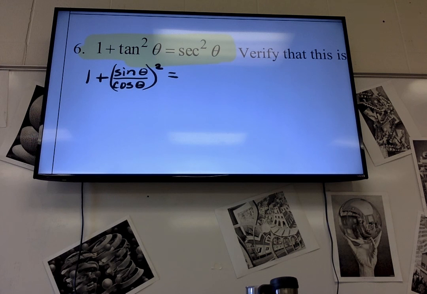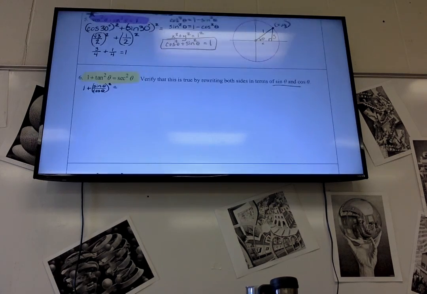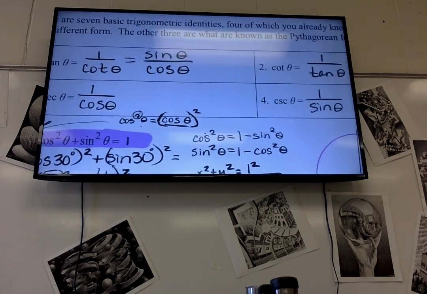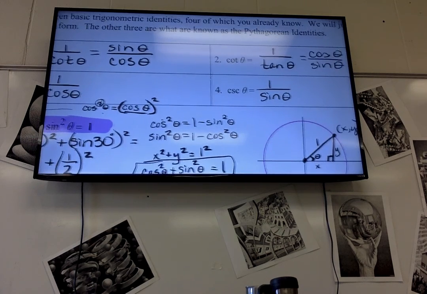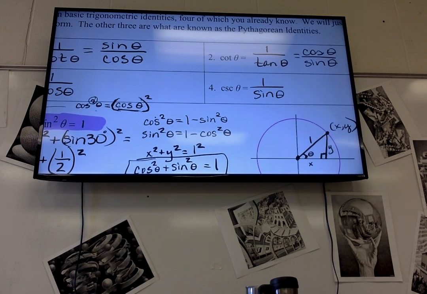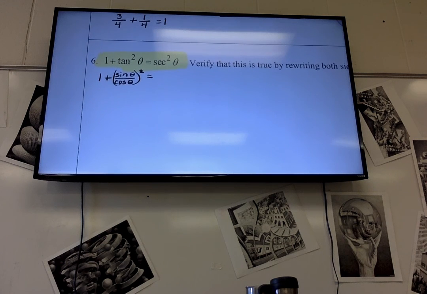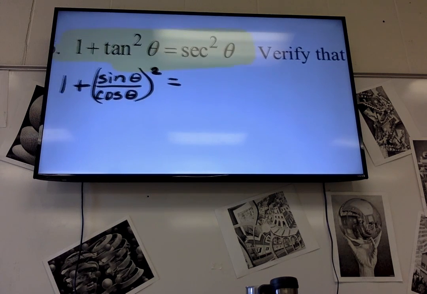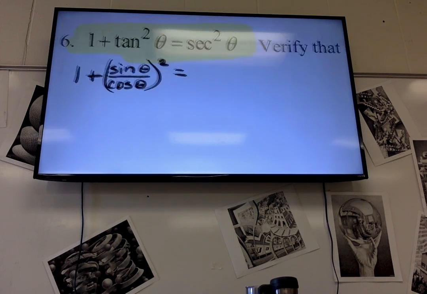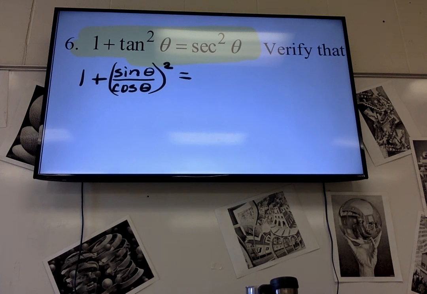And then what was secant equal to up there? 1 over cosine.